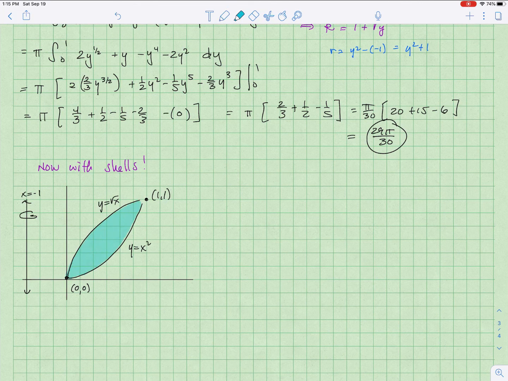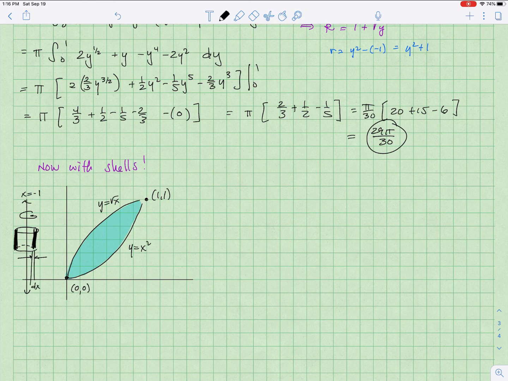But this time, and watch how we do this, we're going to be generating cylindrical shells. The first thing I'm doing is drawing a cylindrical shell wrapped around this axis of rotation. For my cylindrical shell, this width is the thickness, and that is a dx thickness.